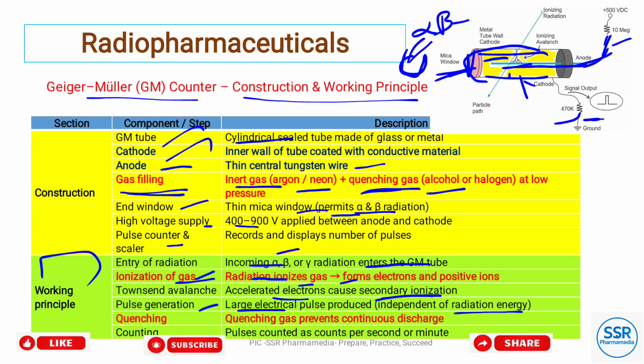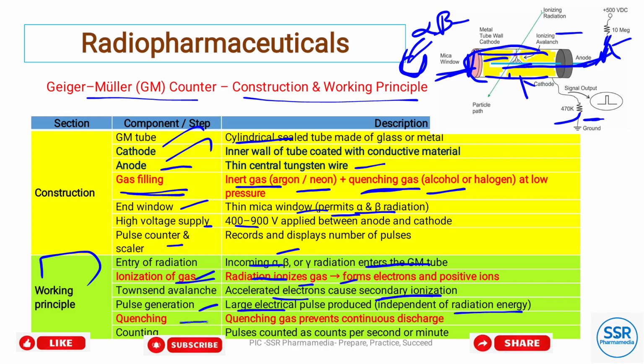For each and every particle entering, alpha, beta, gamma radiations, it gets ionized, and each ionization produces secondary electrons. Due to that secondary electron formation, it produces pulses, which are counted and displayed.